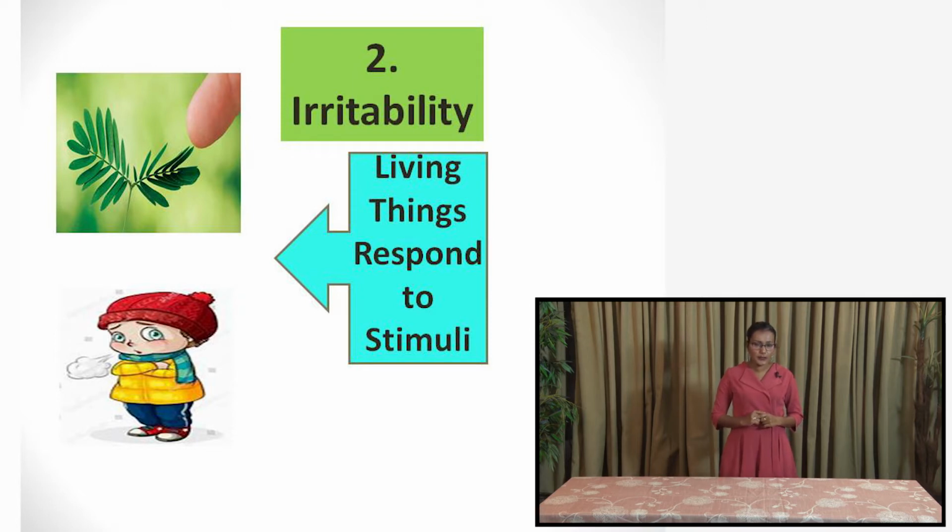Tell me what is happening to the boy at the bottom there. He's feeling cold. Excellent. How do you know he's feeling cold? Because he has on a hat, he has on a scarf, and he's hugging himself, right, to keep himself warm. Now, he is also responding to the temperature that is outside his environment. So, both plants and animals respond to a stimulus.